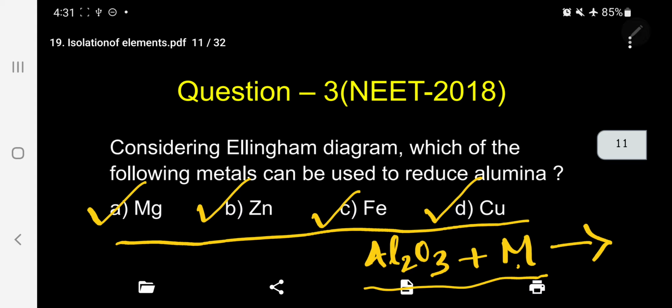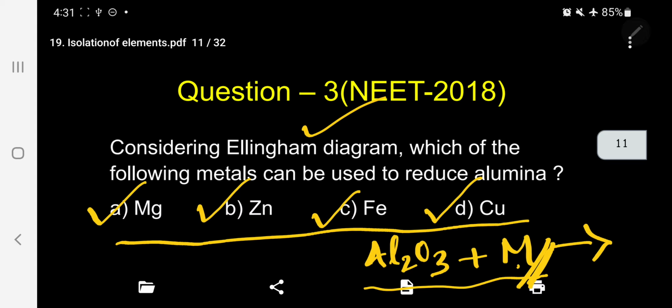So what metal we have to use will be decided by the Ellingham diagram. Generally, the more basic metal will easily replace the less basic metal by reduction.